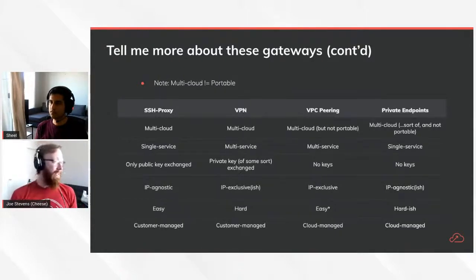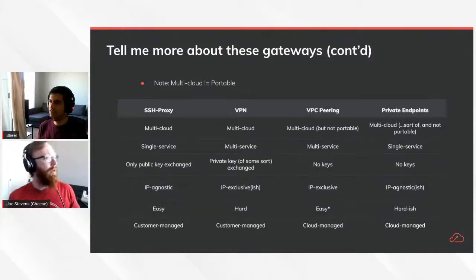I would describe it as hard-ish. I don't find these to be commonly used by a lot of people. I think they're a less well-known solution, but I think they're a really good solution when you can use them. They're cloud managed, so you have all those benefits as well.